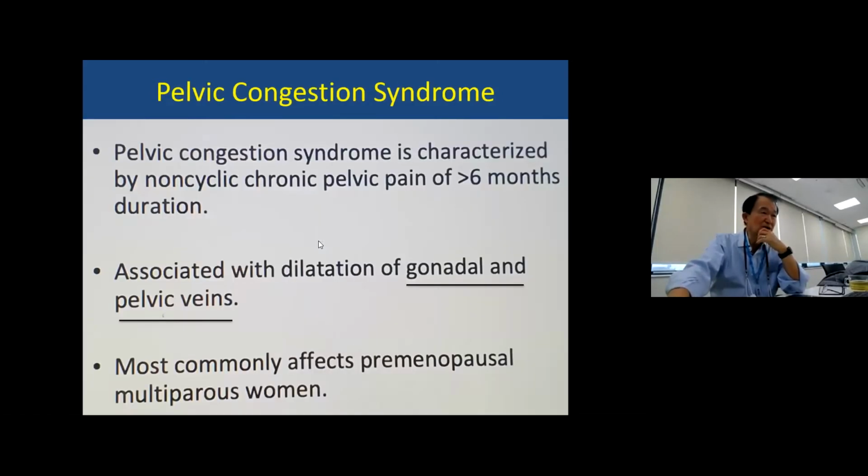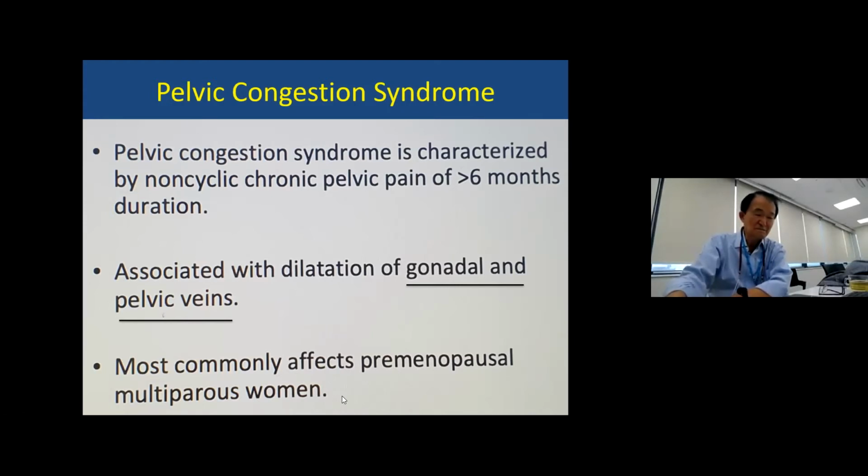And one type of pain is called pelvic congestion syndrome. That pain usually lasts more than 6 months. It's not cyclic, and is often related to dilatation of the gonadal or pelvic venous system. This often occurs in premenopausal, multiparous ladies.